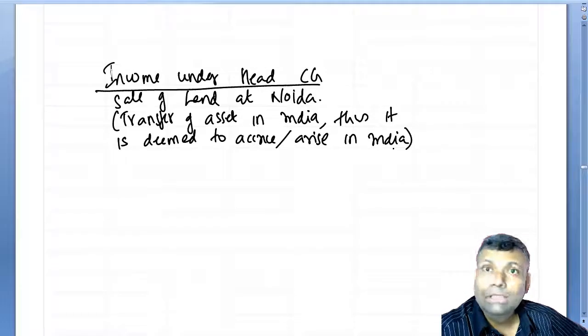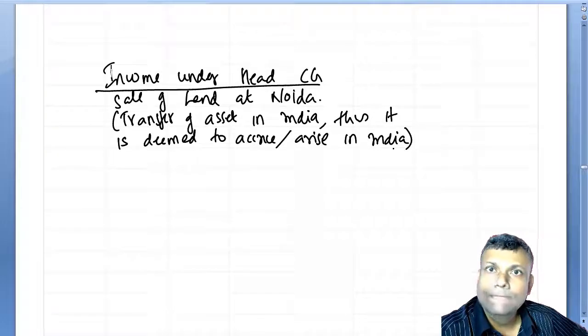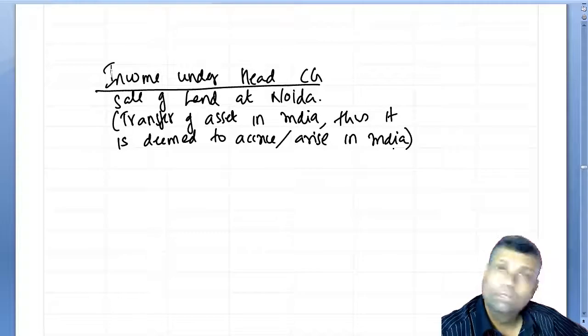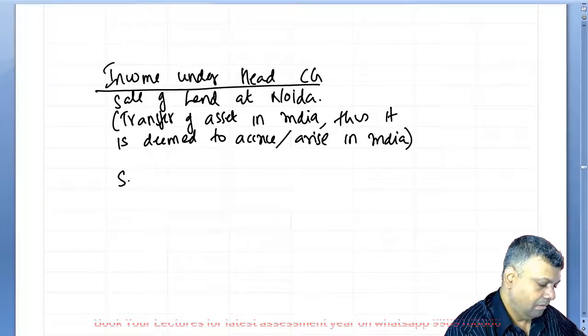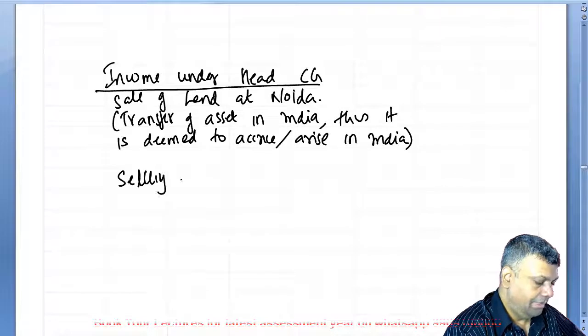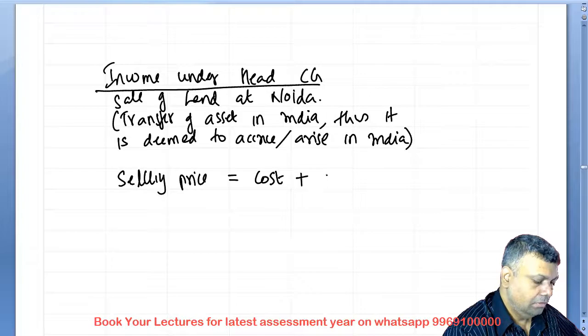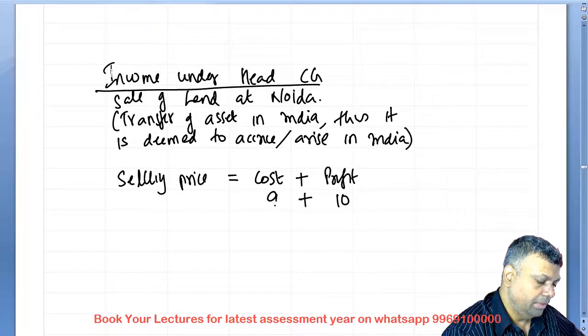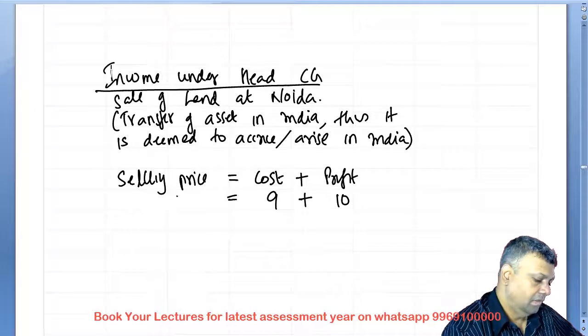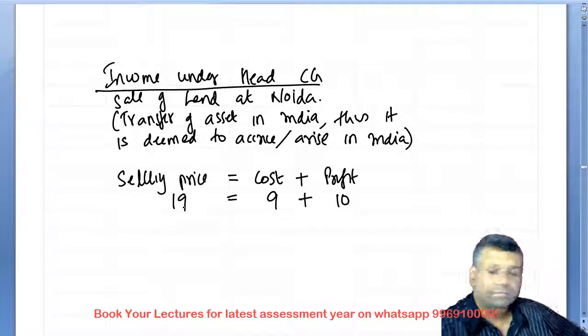I'm just writing every small little comment because in examination condition, I want good marks. Selling price will be equal to cost plus profit. Profit printed 10, cost printed is 9. So this is going to be 19.